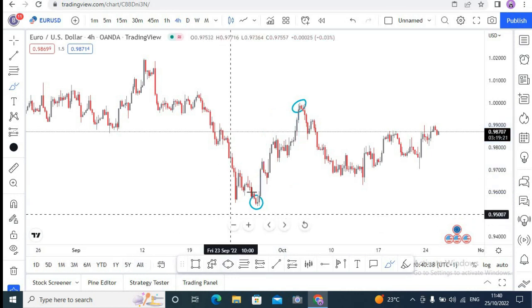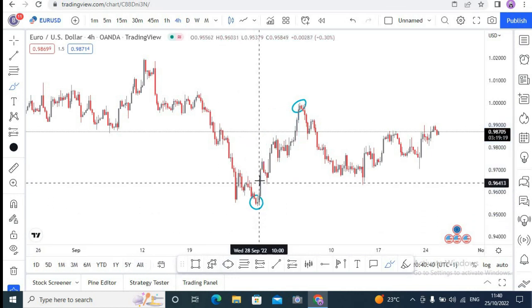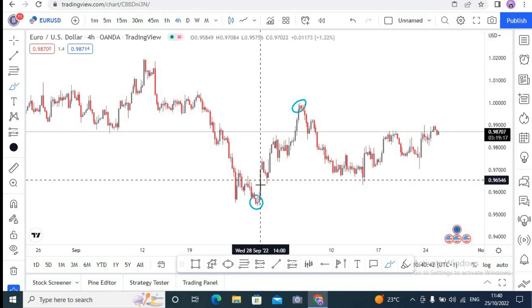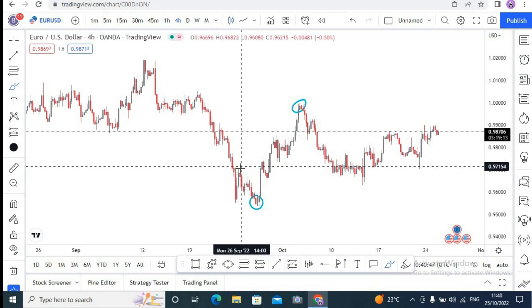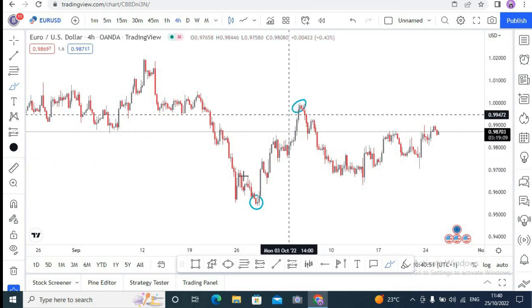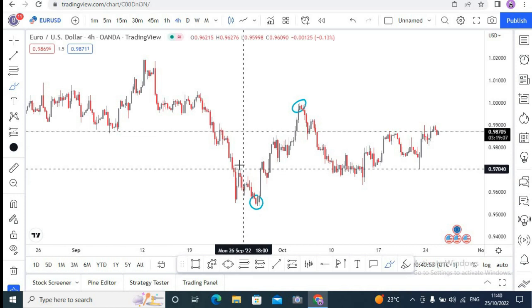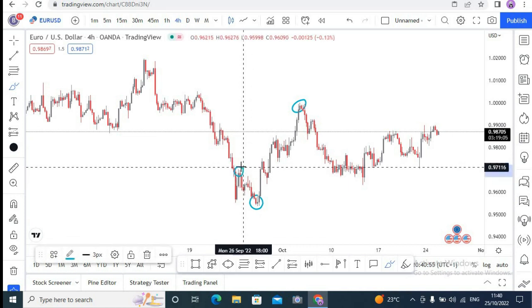So whenever you have identified your swing low and your swing high, right, you have to understand that a swing low will take out the previous swing high, creating a new swing point. So as you can see here, we did have this swing high right here.